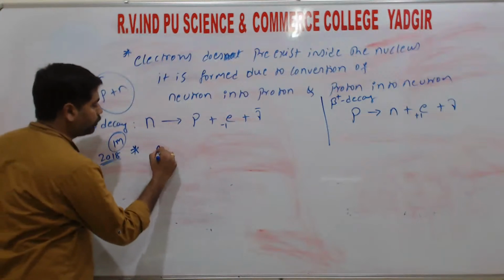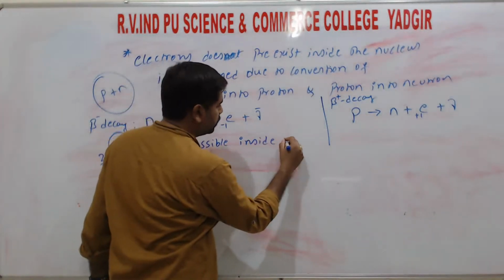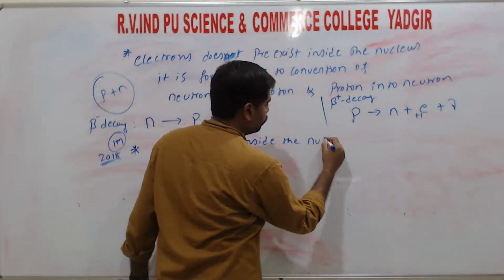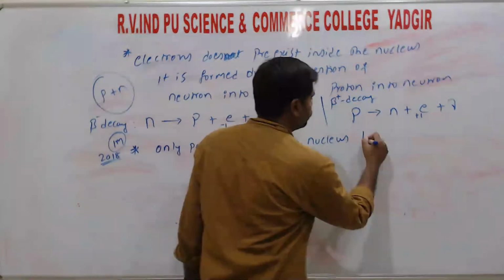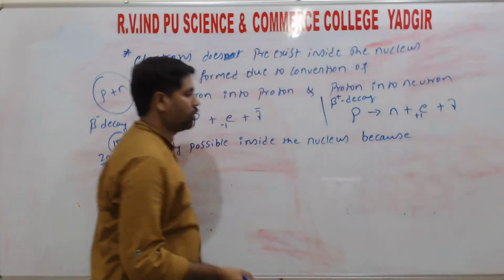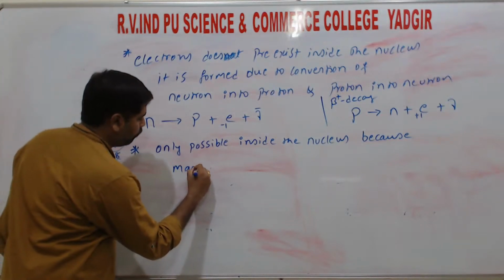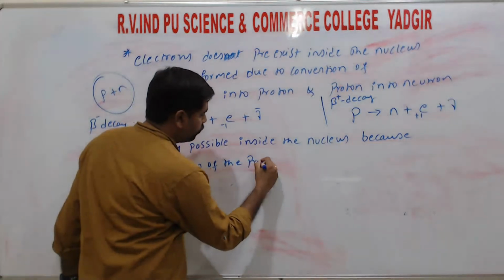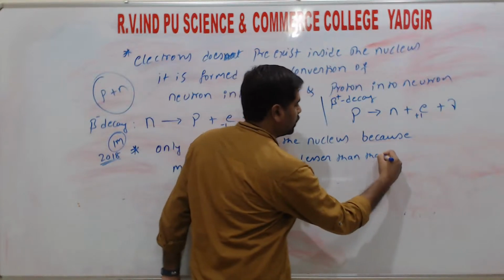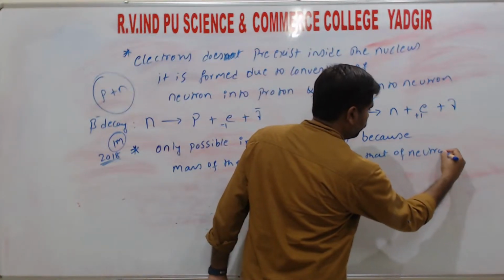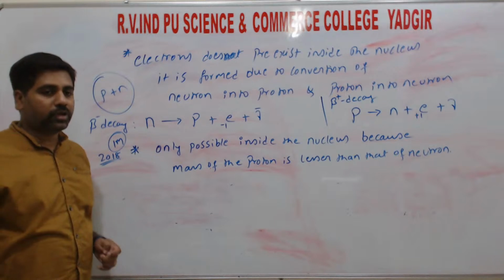This is only possible inside the nucleus because the mass of the proton is lesser than that of neutron, right?